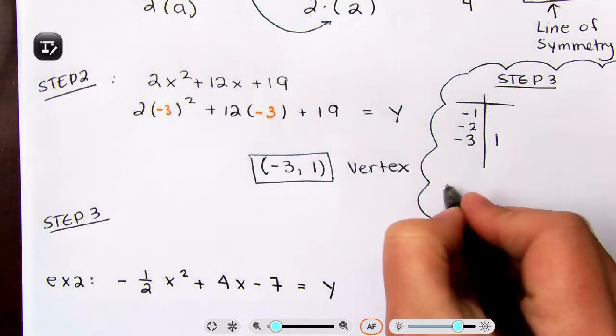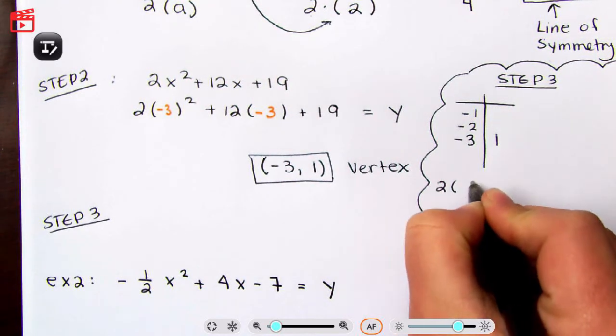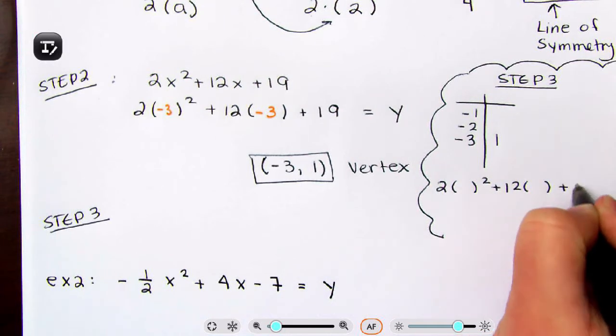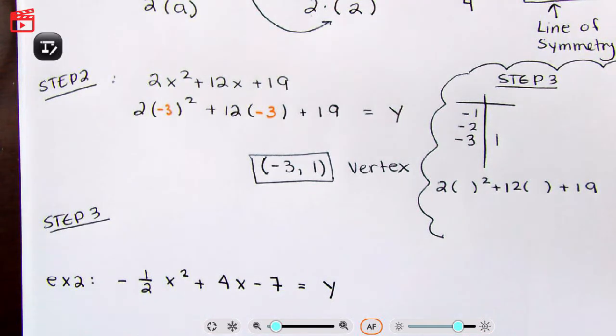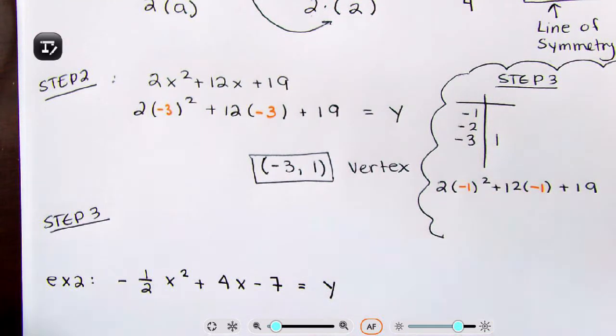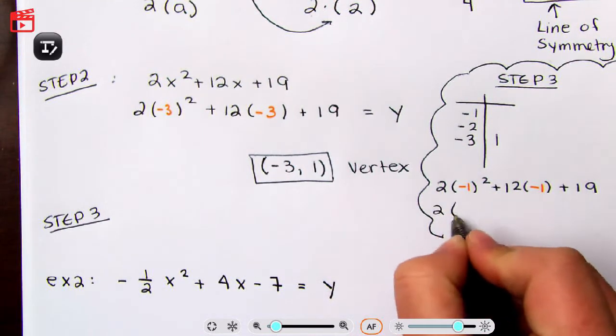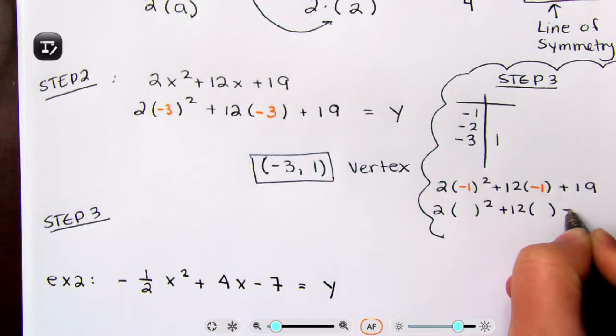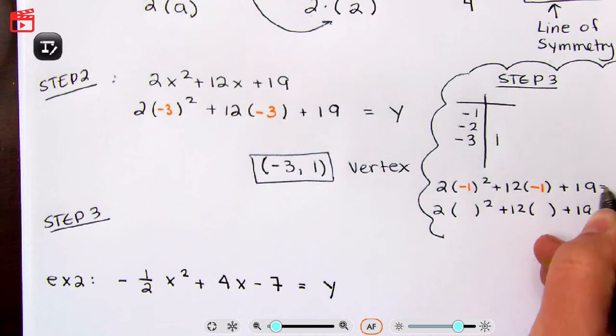So I'm going to take my original equation, and anytime I see x, I'm going to put a bubble. And inside the bubble, I'm going to start out with my negative 1. And then I'm going to do exactly the same thing for my negative 2. So when our input is negative 1, I want to know what the y value is.